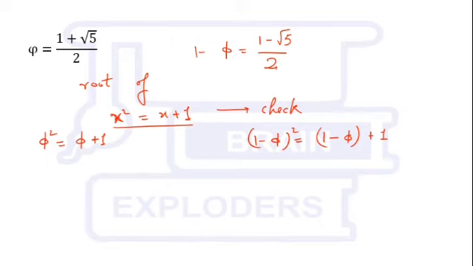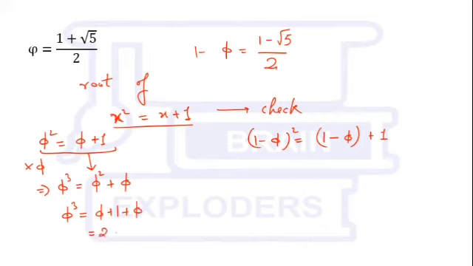Now if we multiply this equation by phi, then we get phi cubed is equal to phi squared plus phi. Now from this equation, put the value of phi squared over here. We get phi cubed is equal to phi plus 1 plus phi, or 2 phi plus 1.